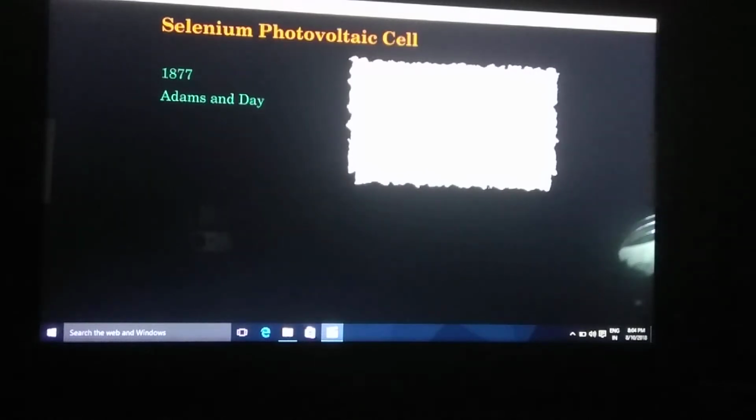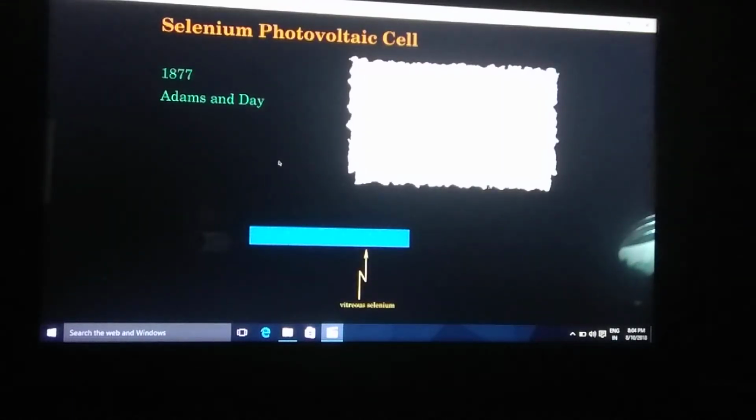So they actually borrowed on the discovery of Willoughby Smith that when an electric current was passing through a bar of crystalline selenium, its resistance was less when the bar was exposed to the action of light than it was when the bar was kept in the dark. So following on this principle, Adams and Day made a selenium photovoltaic cell.